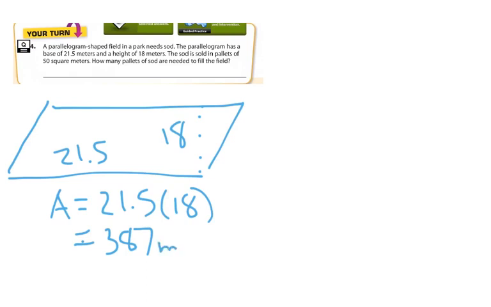387 meters squared. All right, well, when you buy a pallet of sod, which is just like a really big collection of these little sod patches, each pallet has 50 square meters. And so we need to figure out how many of those we need. So again, we'll take 387, we'll divide that by 50, and that's going to tell us how many pallets we're going to need.